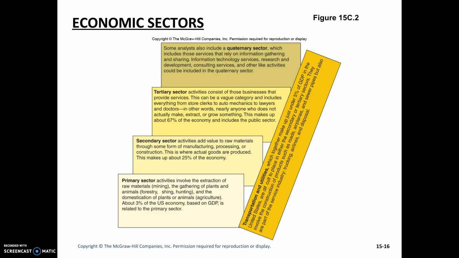Also, you have utilities, which can sometimes be private, but usually regulated by the government, things like electricity, natural gas, and things of the sort that businesses need to function. And so they kind of exist outside the pyramid here, but they are very important to the economic activity.